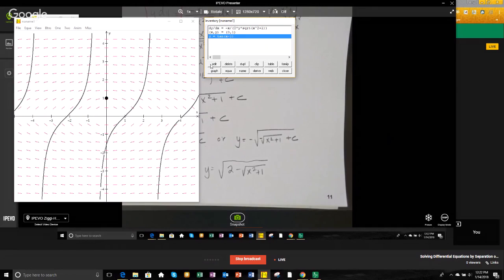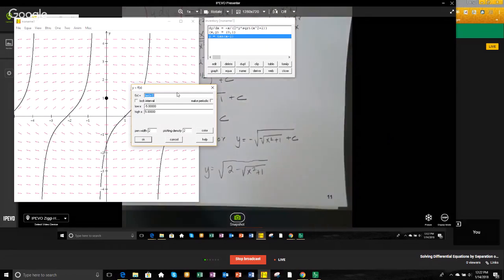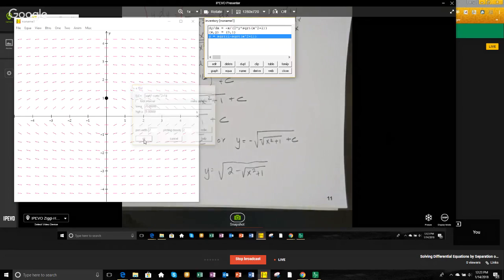Okay, and then our particular solution, we're going to edit and say square root of 2 minus square root of x to the second plus 1. Close the square root. Close the square root again. Oh, it doesn't like that, huh?